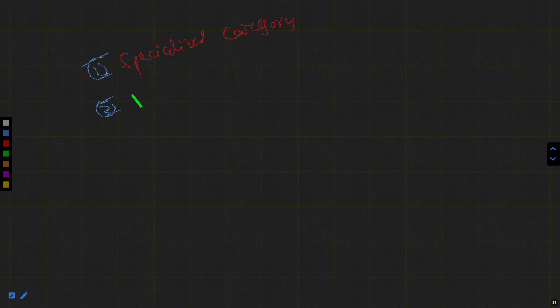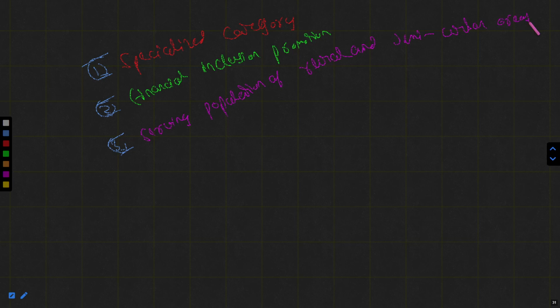Second, they are mainly established for promoting financial inclusion. Third, they are serving the population of rural and semi-urban areas. So these are the three main points which we have derived from the general introduction of regional rural banks.